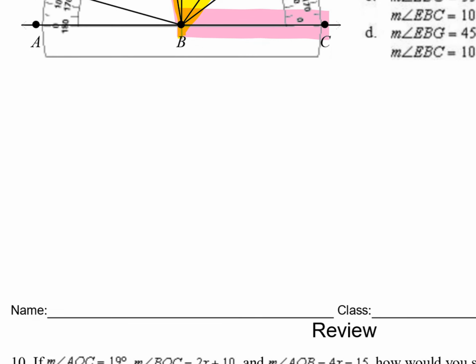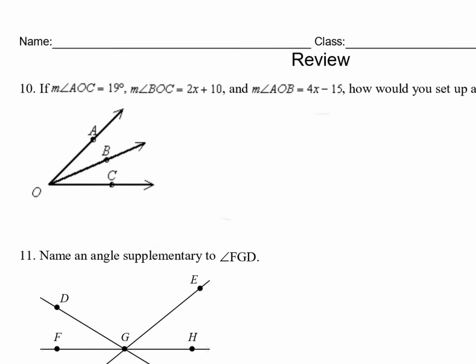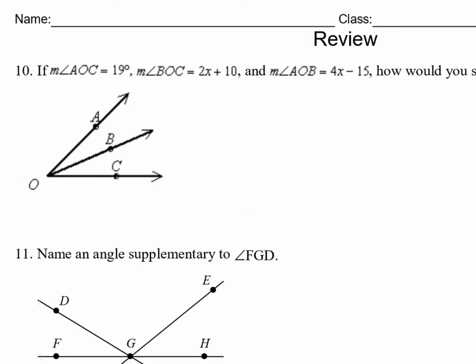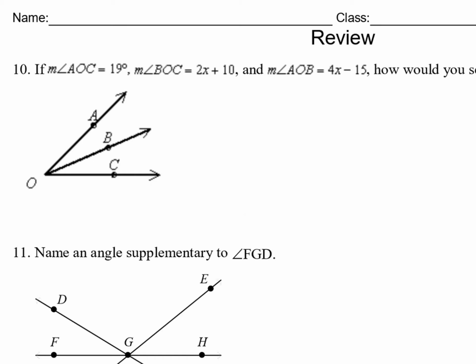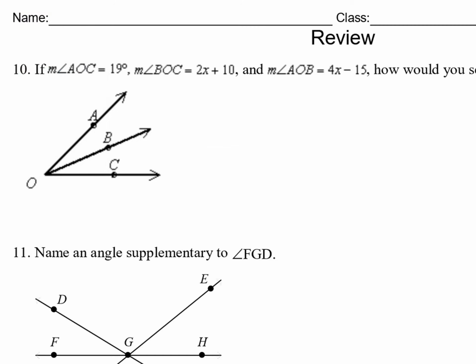Alrighty, moving on. Number 10, all we need to see is how we will set up the equation. So it says AOC, so we need to know what angles we're talking about here. Let's go AOC. The whole thing is 19 degrees.